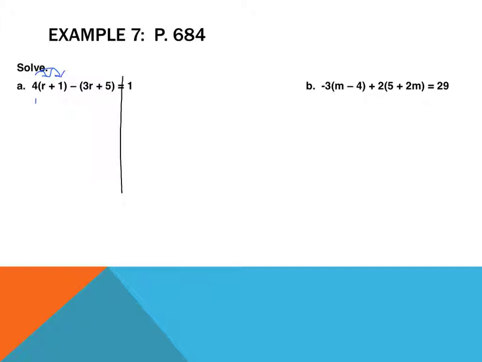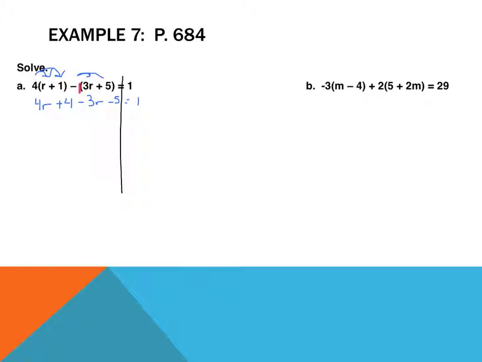So 4 times r is 4r. 4 times 1 is 4. And then remember, anytime you have a minus sign in front of parentheses, that's the same thing as distributing a negative 1. So negative 1 times 3r is negative 3r, and negative 1 times 5 is negative 5.